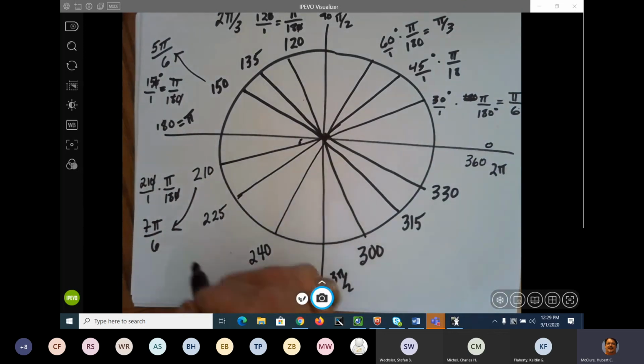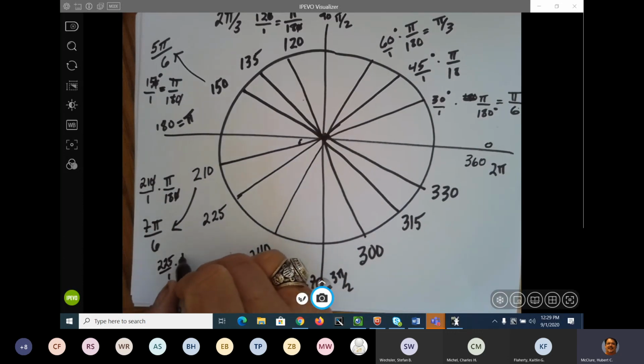Let's do 225. 225 over 1 multiplied by pi over 180.